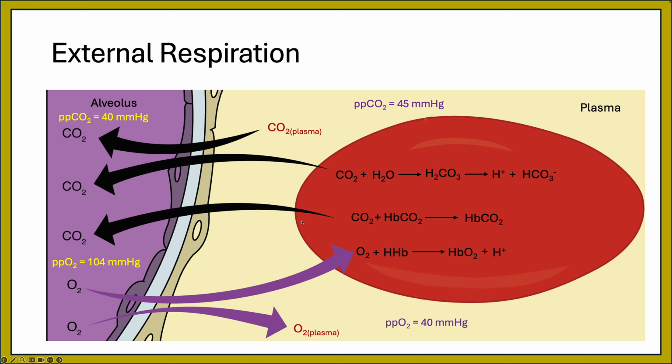You have a reaction here that's moving in both directions, and so the CO2 is ultimately going to diffuse out of the blood, while oxygen is going to diffuse into the blood. Some of it will dissolve, but the vast majority of it will be attached to hemoglobin that you find in your red blood cells.